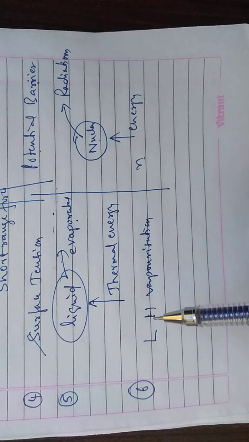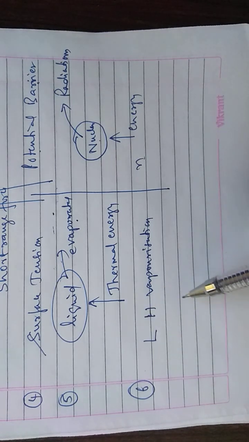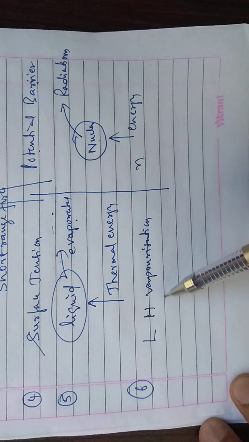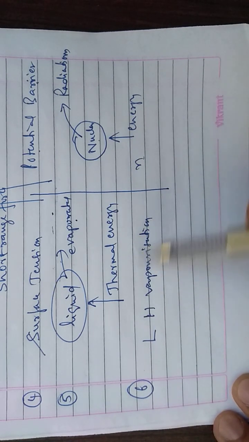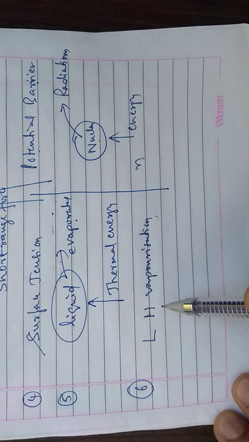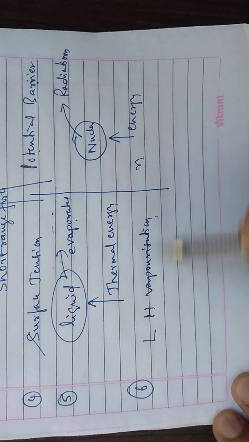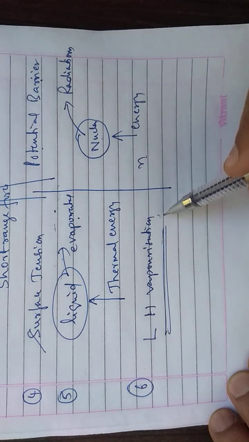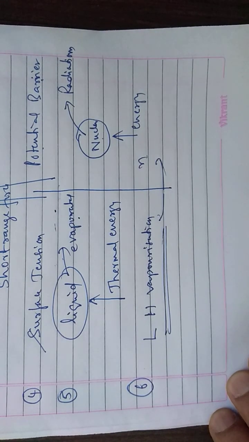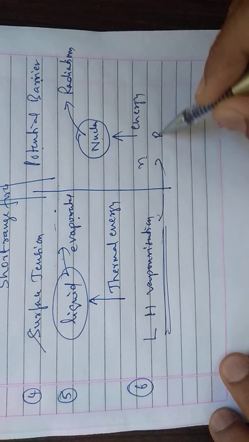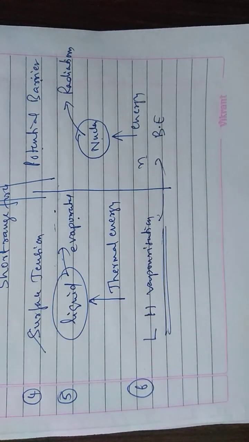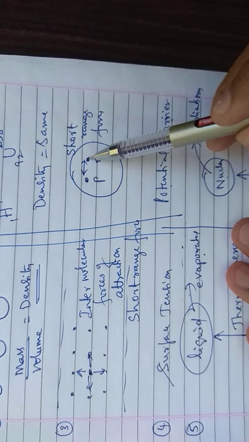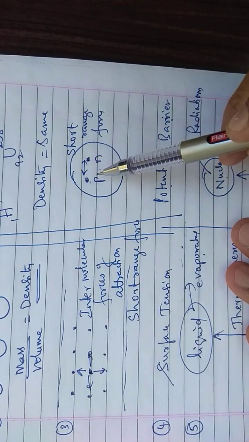At that boiling point, without changing its temperature, the energy required so that 1 kg of liquid is completely converted into vapor is called the latent heat of vaporization. Here in the case of liquid, there is a latent heat of vaporization. Similarly, in the case of nucleus, there is binding energy. Inside the nucleus, the protons and neutrons all have an attractive force here.